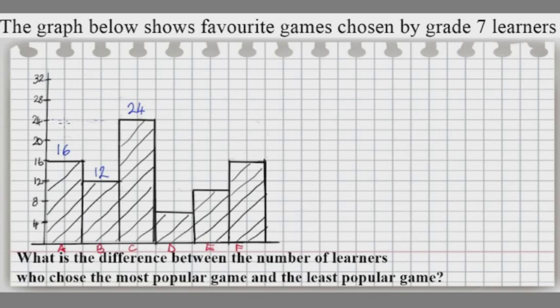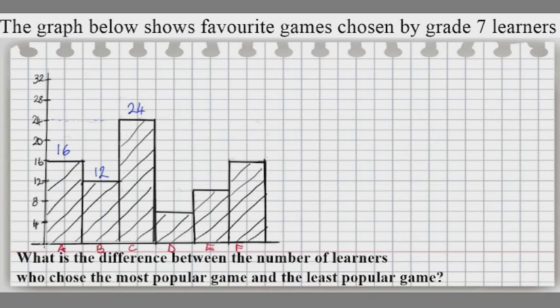And then we have the number of learners who preferred game D. These were a number between 4 and 8. So realize that the calibration on the y-axis is spaced out on 2 units.